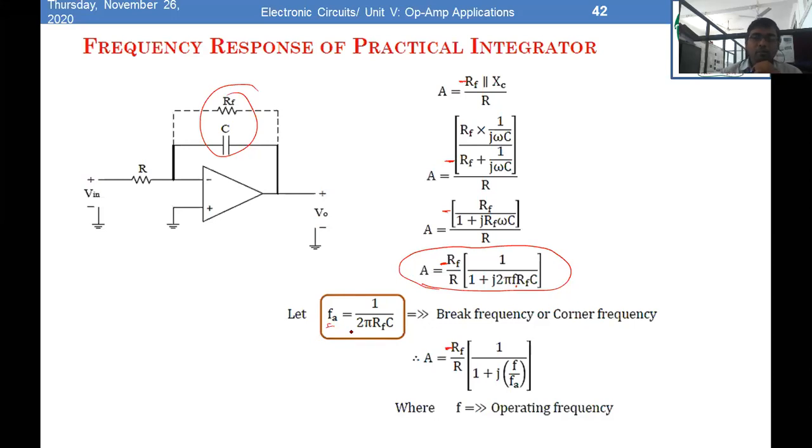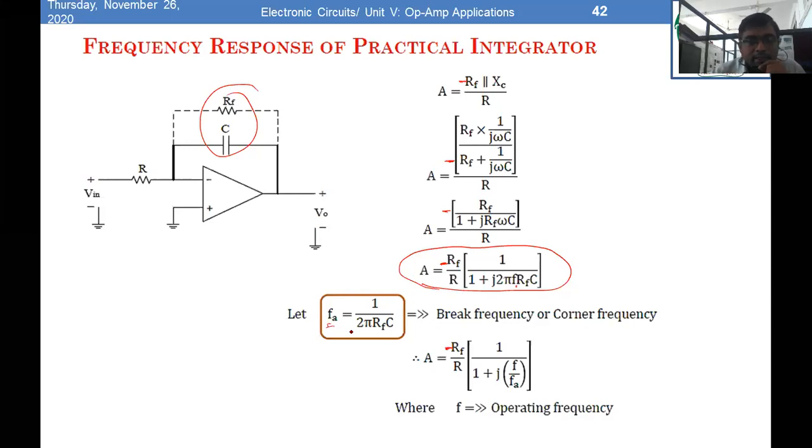Here f is the operating frequency and FA is the breaking frequency or corner frequency, where your gain is decreased by 3 dB. Okay, now this is the relationship between the operating frequency and the voltage gain offered by this practical integrator circuit.